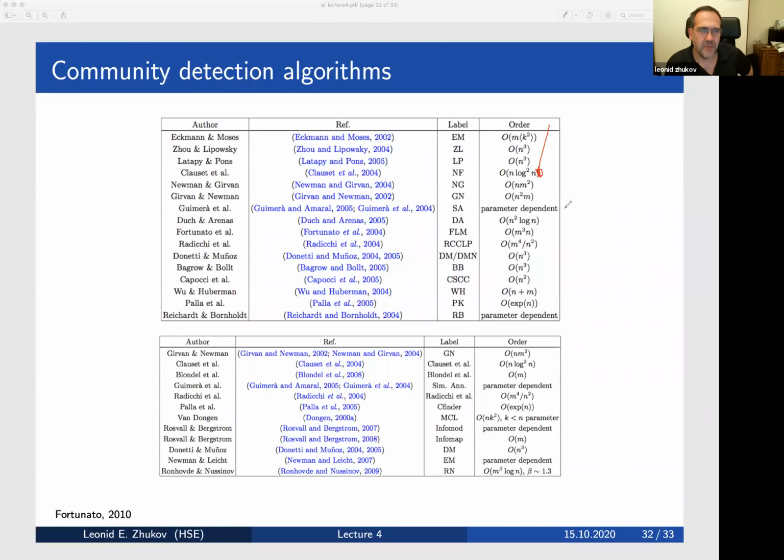But the key here is this column. N is the number of nodes, M is the number of edges. The O notation is the number of operations you need to make it work.